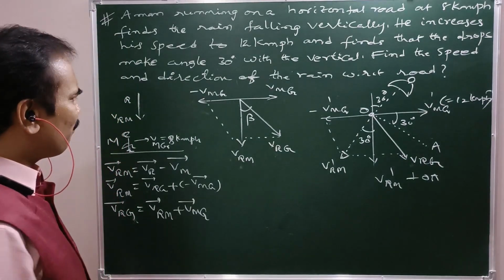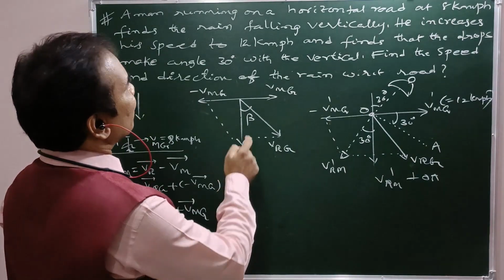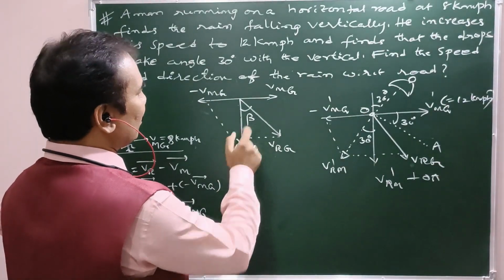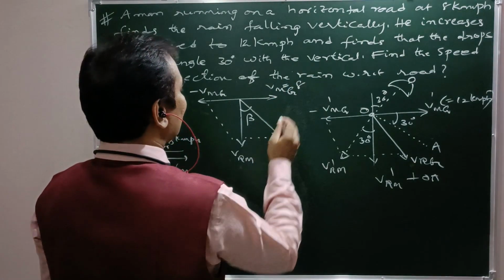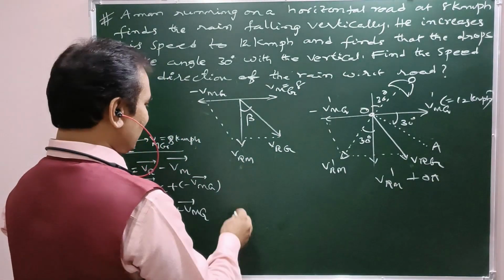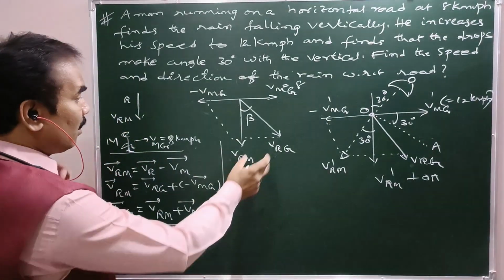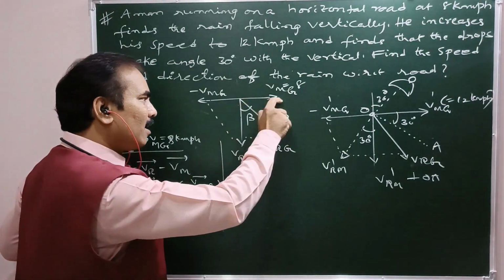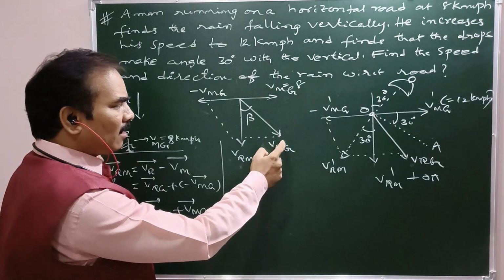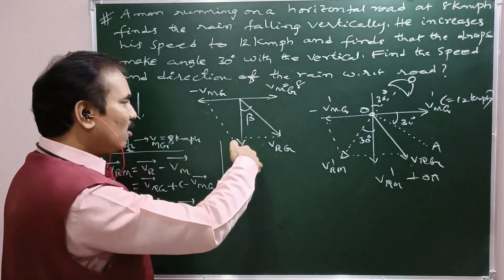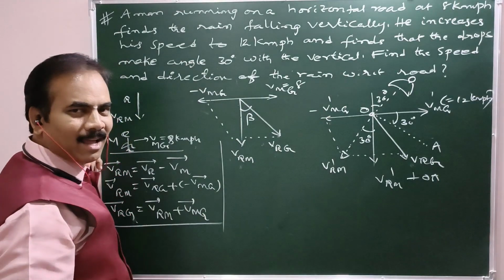Now, in the previous case, what is VMG? VMG equals 8 kmph. The component of VRG along the horizontal must be equal to 8. See, what is the component of VRG here? Along vertically downwards, VRG cos beta. Along the positive x-axis, VRG sin beta. Why?